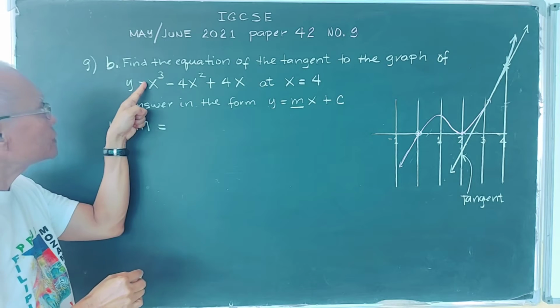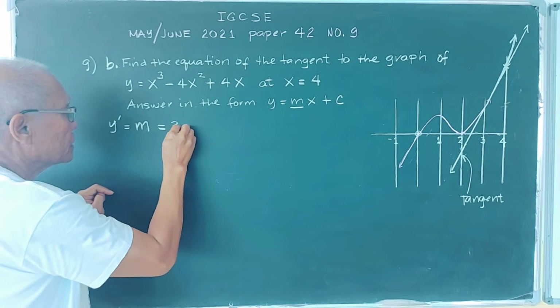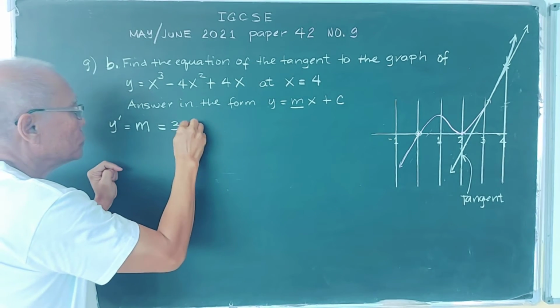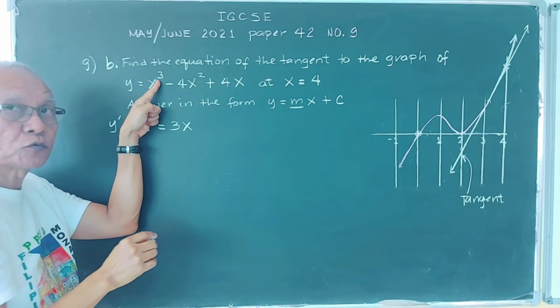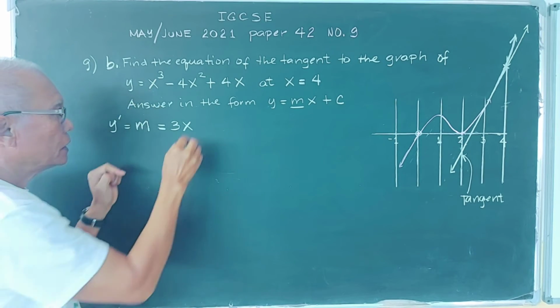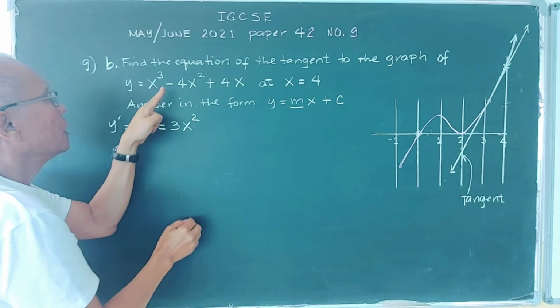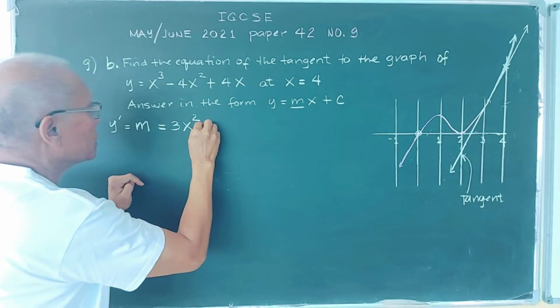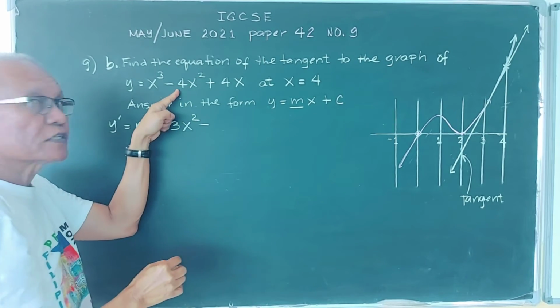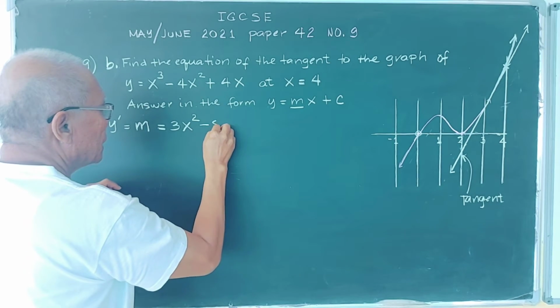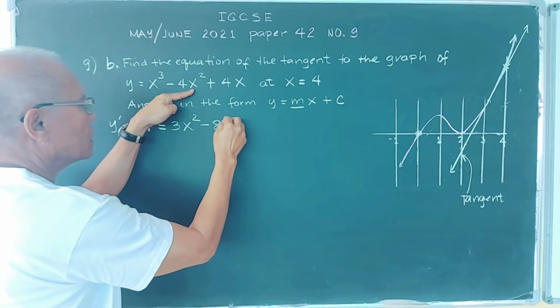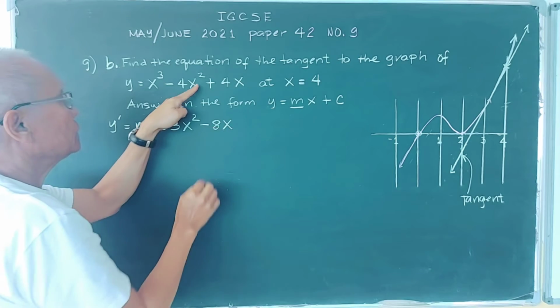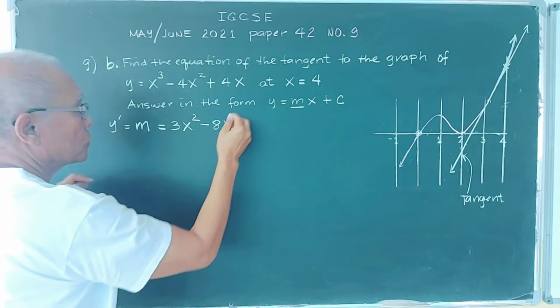So let us differentiate this one. 3 times the 1 here is 3. And then what do you do with the exponent? We subtract 1. 3 minus 1 is 2. Minus 2 times 4 is 8, and then x, subtract 1 from 2, it's 1.